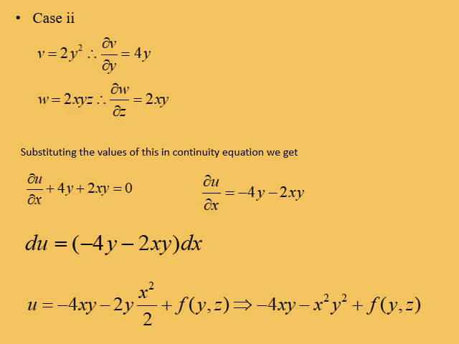So u = −4xy − x²y + a function of y and z. That is the velocity component u in case 2, and this is the answer. So this is the solution for this numerical to find the third velocity component in the given conditions.